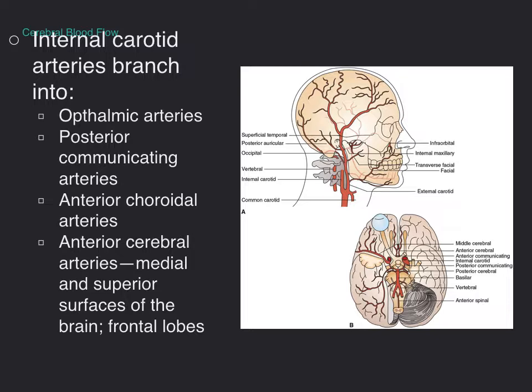So as we're looking at these, think about some of the things that we've talked about as far as injury to these arteries, but also think about disruption of the blood flow to these arteries in relationship to some of the other disease processes that we're going to be talking about.